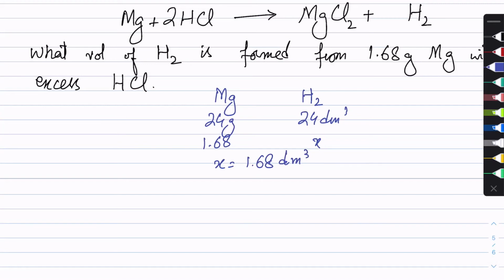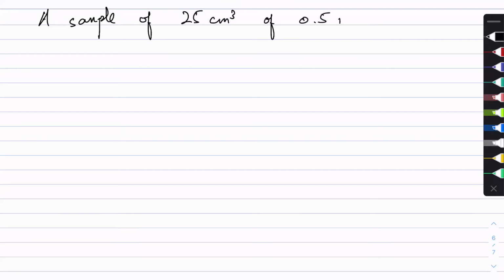ठीक है? Okay, let me take another question. Somebody sent a question. Let me solve that. Okay, so the question is, a sample of 25 cm cube of 0.5 mole per dm cube aqueous ammonium nitrite is heated.